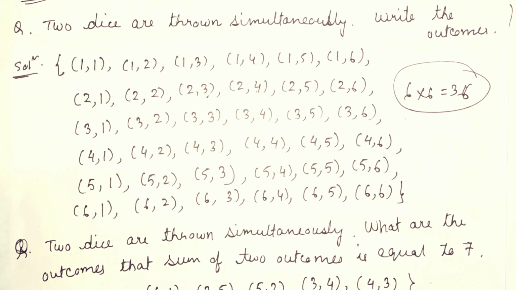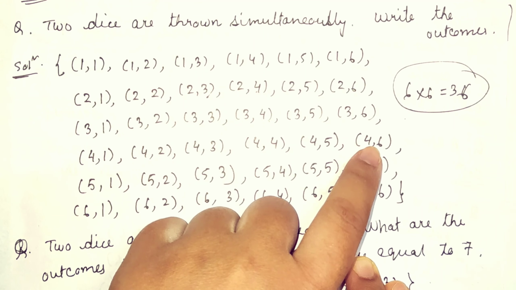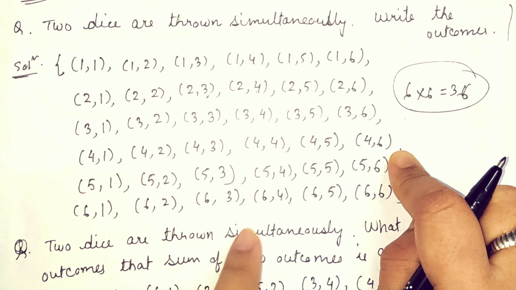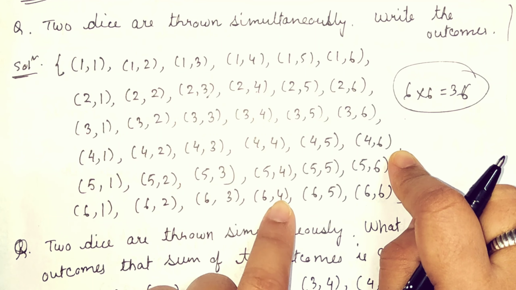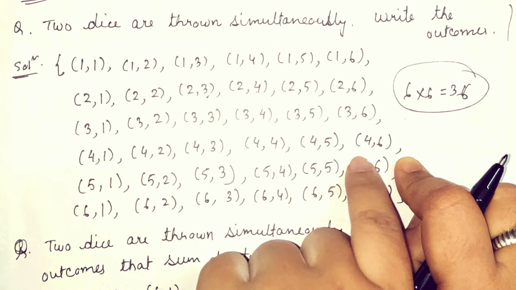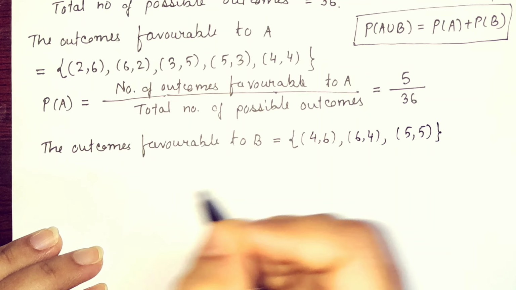Again, 10 points will be 4 plus 6 equal to 10, so (4,6); (6,4) equal to 10; then 5 plus 5 equal to 10. So these are the three outcomes, (4,6), (5,5) and (6,4), for event B. We will write down (4,6), (6,4), (5,5).